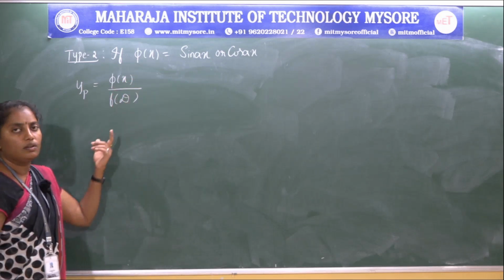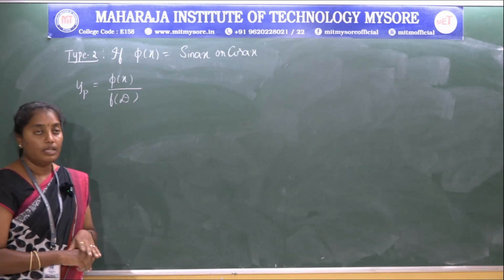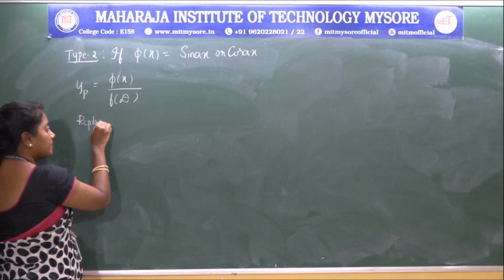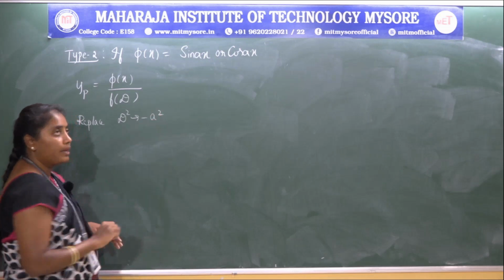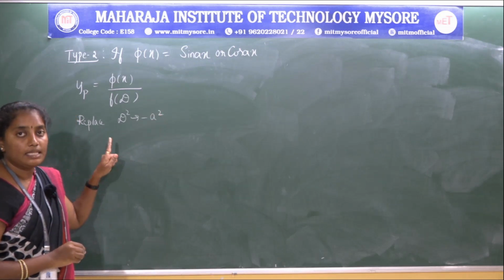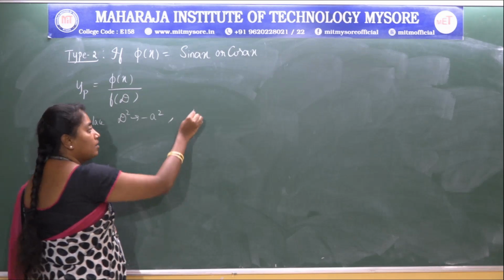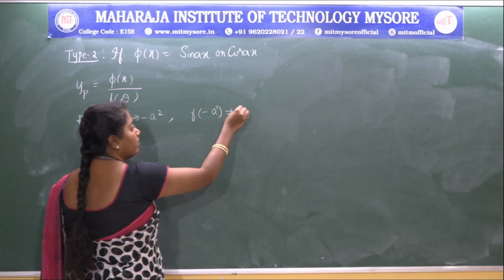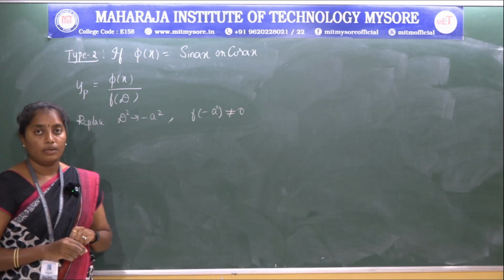So whatever the order of the differential denominator term, write it as f of d. Here we have to replace d square by minus a square, and the value of f of minus a square should be not equal to 0 in the denominator.